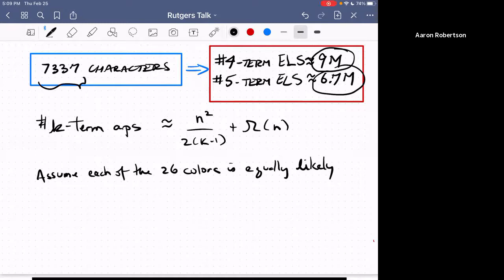But what I'm actually going to be doing is underestimating the probability that something occurs. So if I wanted to look at the probability that 4 random spaces spell some 4-letter word, say math.